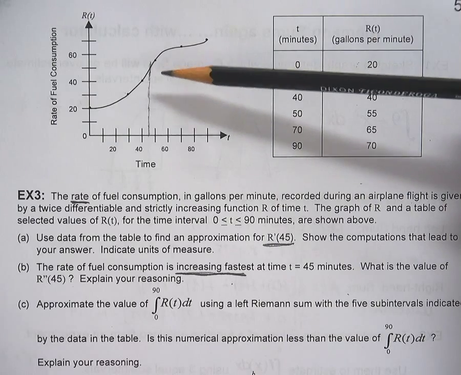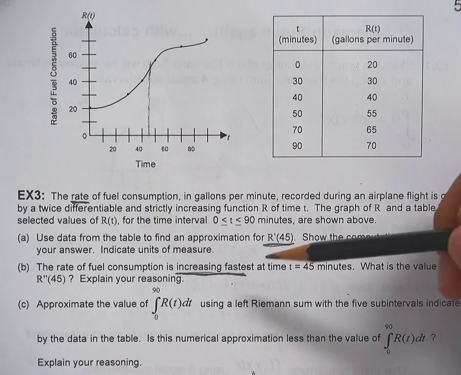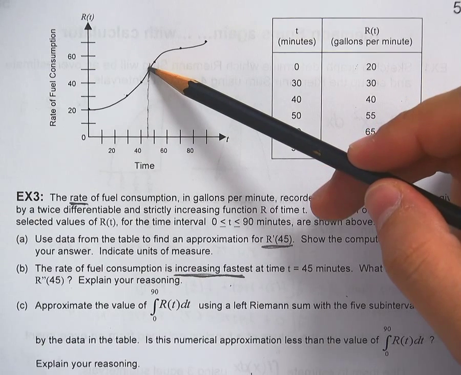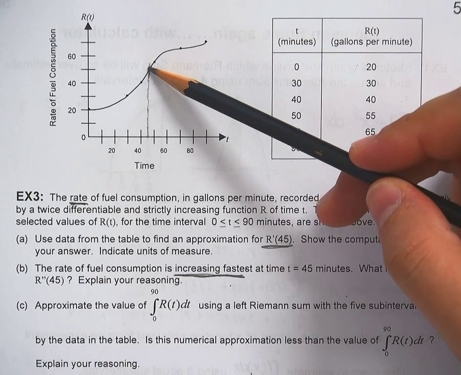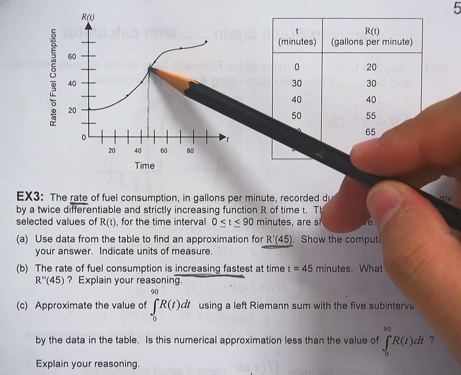That means r prime is going to be greatest there, so r prime has a maximum right here. Think about that for a second. If r is increasing the fastest at this point, r prime is going to have a maximum value. The slope of this graph is going to have a maximum right here. This is your maximum slope.